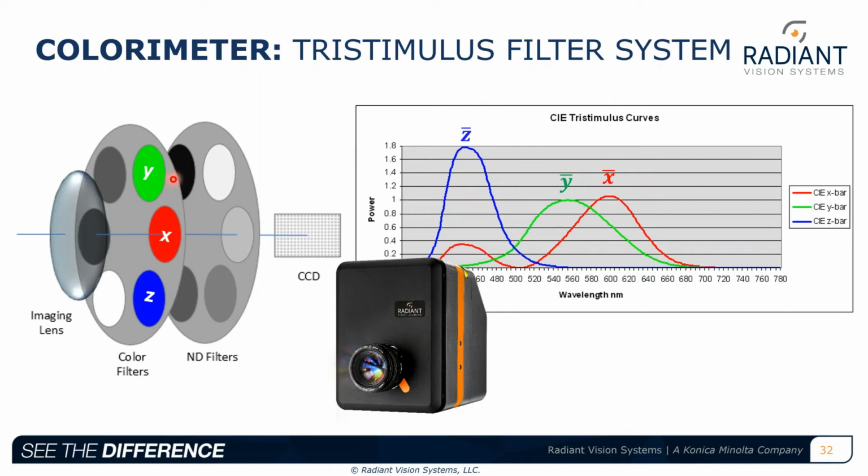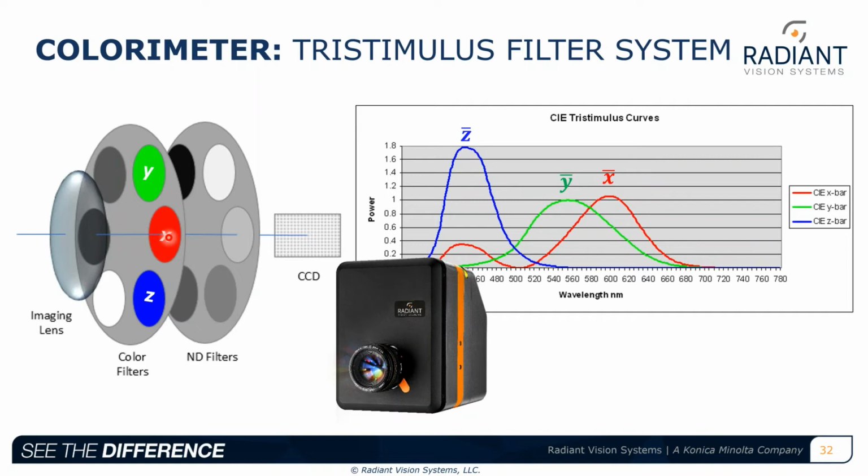And then it takes 3 subsequent exposures. First, all the light passes through the green filter, and we know now what our capital Y is. So what's the total amount of light that passes through this filter, aka this tristimulus curve. Then we rotate this filter wheel and take another exposure through the X filter.